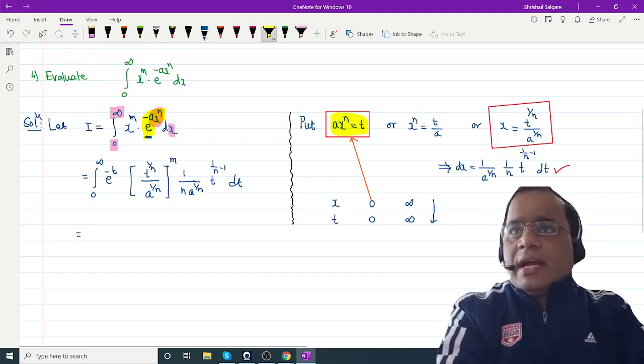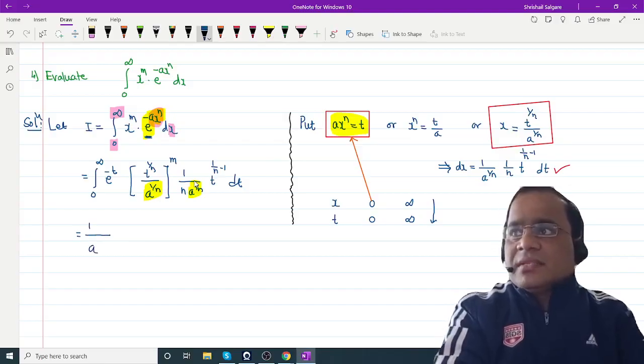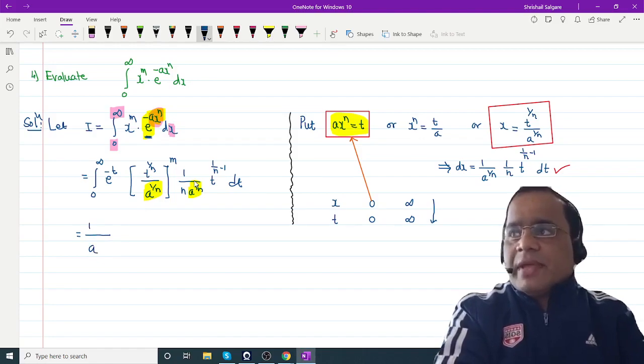So I will highlight the constant terms, this one and this one. What will be the resultant? That you have to write in the denominator. First I will write 1 upon a to the power, Aditya, what will be the power of a?